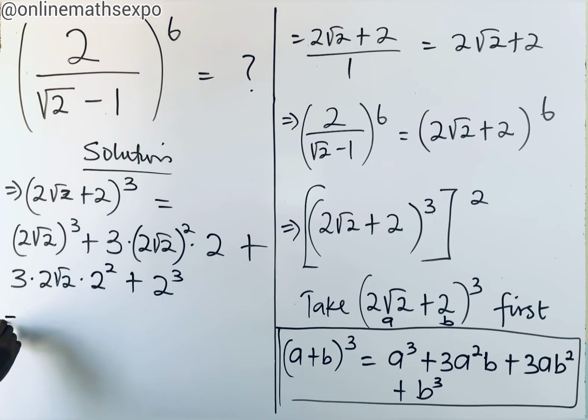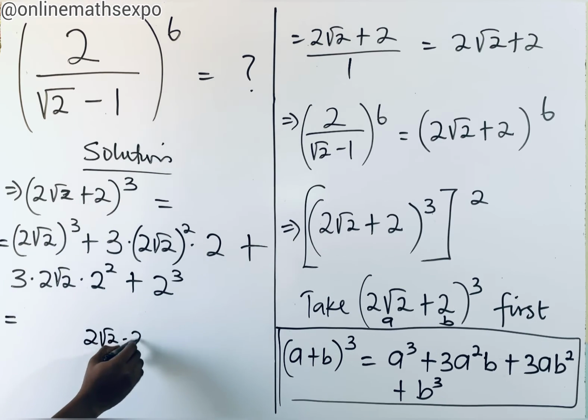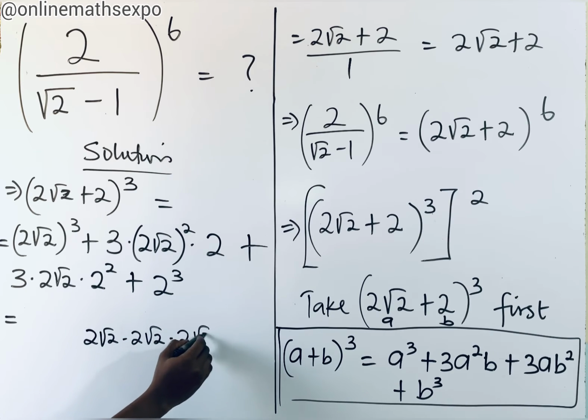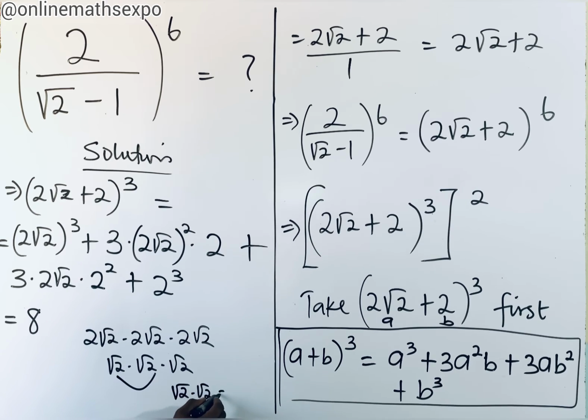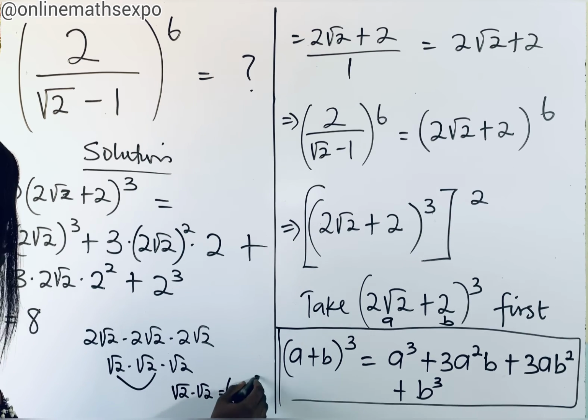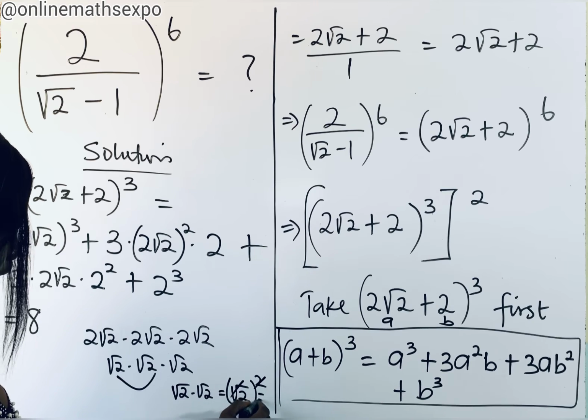Now what do you do? Simplify this, okay? So we're going to have 2 root 2 to the third power means 2 root 2 multiplied 3 times. And 2 times 2 times 2 will give us 8. So we're going to have 8. Now when you have root 2 multiplied by root 2 multiplied by root 2, you see when you multiply these two, whenever you have root 2 multiplied by root 2, it gives you root 2 to the power of 2, and this cancels, you are left with 2.